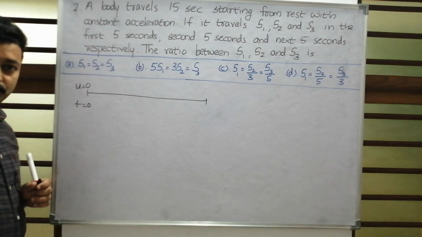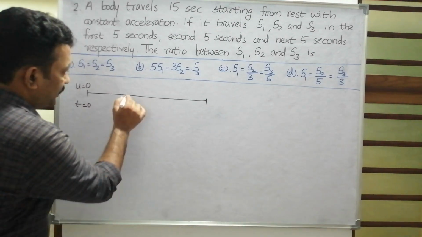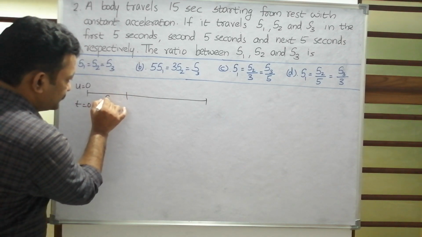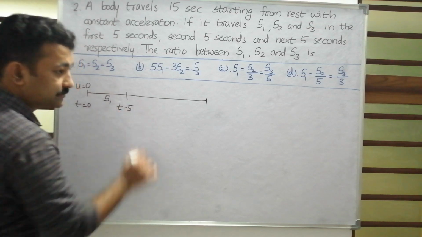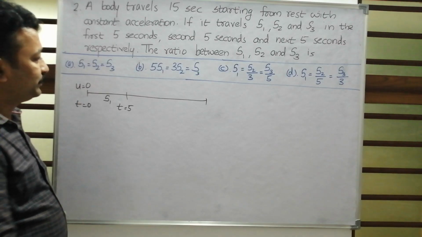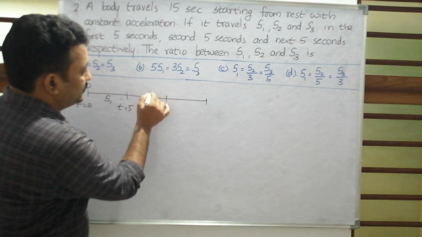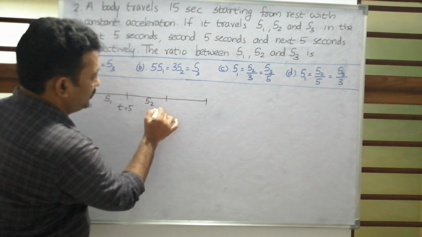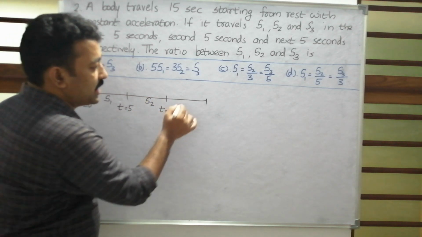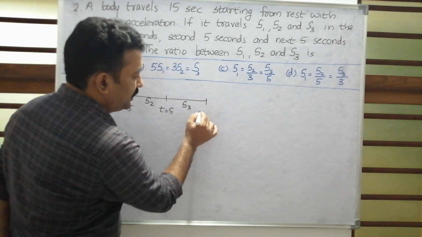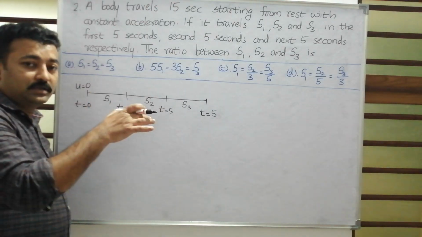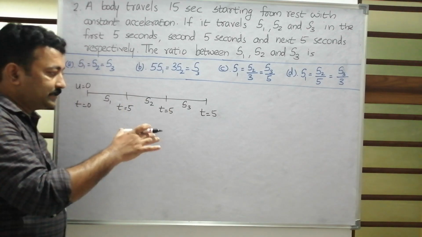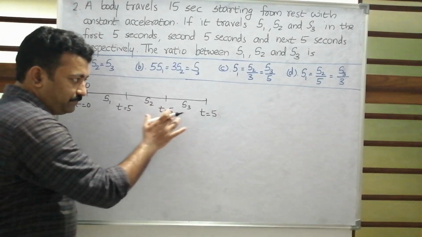It covers S1 distance in a time interval of 5 seconds, S2 distance in another time interval of 5 seconds, and S3 in another time interval of 5 seconds. So we have divided the total 15 seconds into first 5, second 5 and third 5.